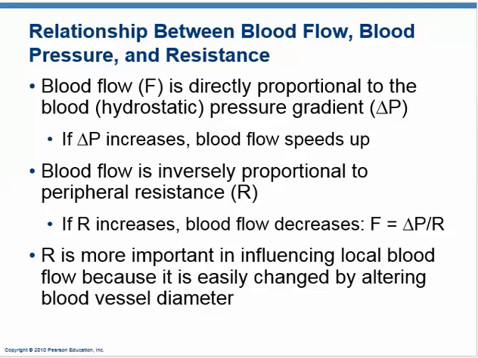So if resistance increases, blood flow decreases. And to compensate, what we're trying to do physiologically, homeostatically, is maintain the flow however we can. And if resistance goes up, then pressure has to go up correspondingly to maintain that flow.